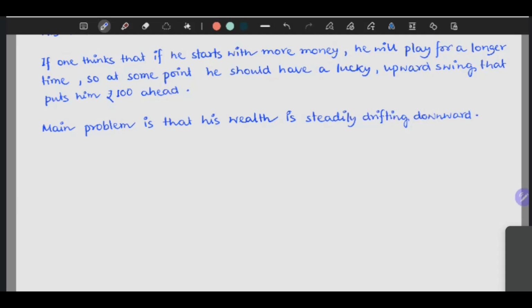So basically, after some time, it drifts so much down that to get to that amount, he needs much longer jumps.